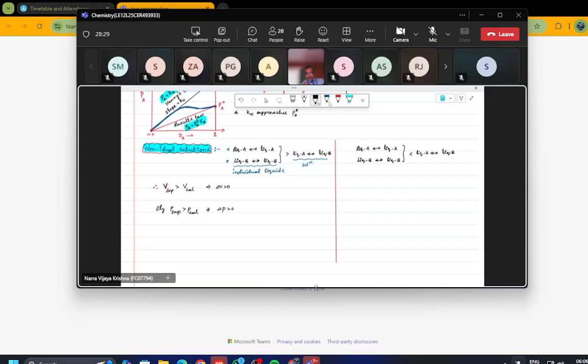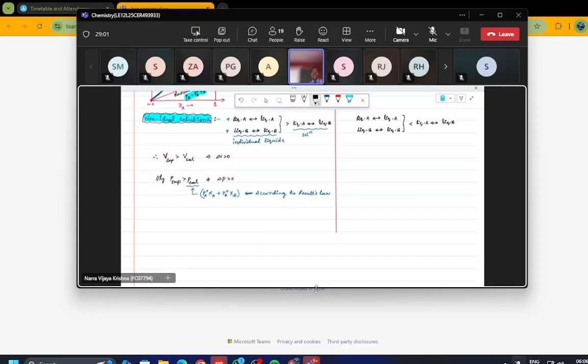What is this P calculated according to Raoult's law? This P calculated is PA naught into XA plus PB naught into XB according to Raoult's law. Response, sir? You need to actively answer. Any confusion here? Clear now?